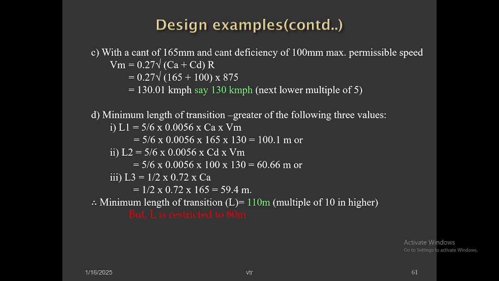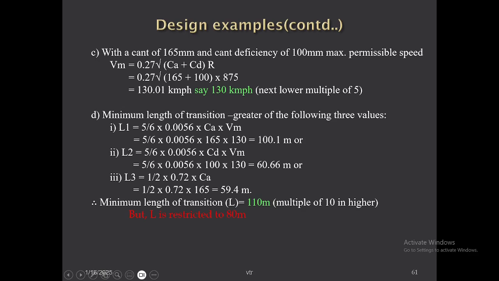With the cant of 165 mm and cant deficiency, we now have to work out the maximum speed. We have taken the actual cant at present, but it may vary because the length of transition has been restricted.